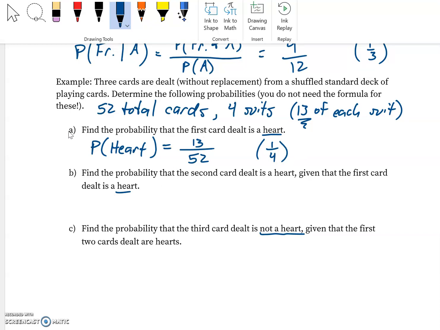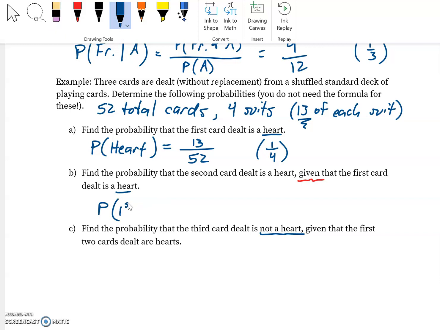Again, the 4 suits are evenly distributed, so 1/4 makes sense for that first part. So this is not a conditional probability, right? There's no given portion. But when we get to part B, we do have a conditional probability. So one thing we can do is write it out with probability notation. Find the probability the second card is a heart, given that the first card is also a heart. Let me make that a little bit more clear.